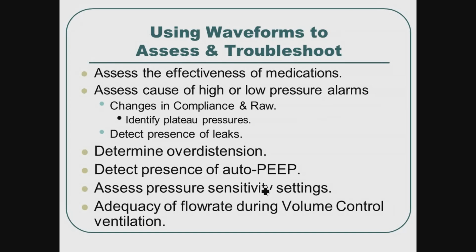One of which is to know whether or not bronchodilators work. We're going to look at it as far as why we have alarms going off. We can detect leaks, detect overdistension, detect auto-PEEP, make sure that the sensitivity settings are appropriate, and check the adequacy of the flow rate setting during volume control.